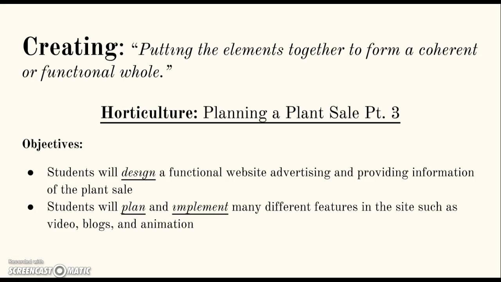Their final project, obviously before having the plant sale, is to design a website advertising and providing information about the sale, and the students will plan and implement many different features in the site using video, blogs, animation, giving information such as costs for things, and the mission statement for the sale, and this gives a chance for the students to work together and put all their work together in one platform.